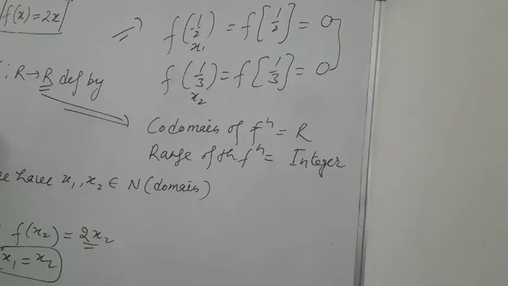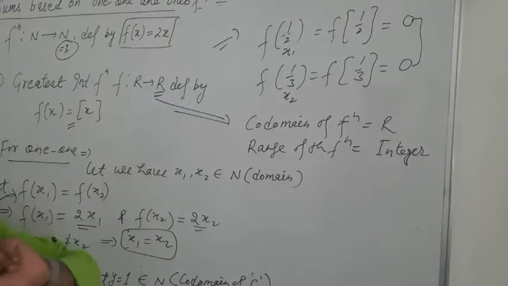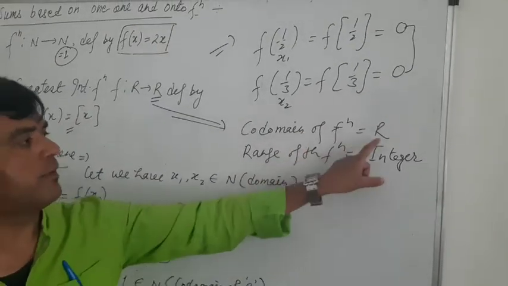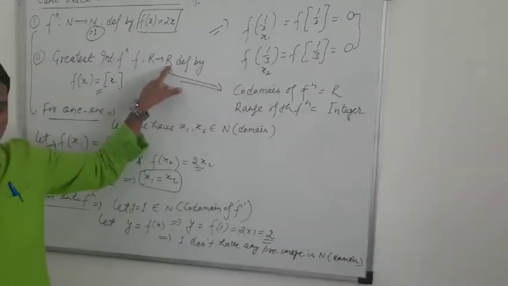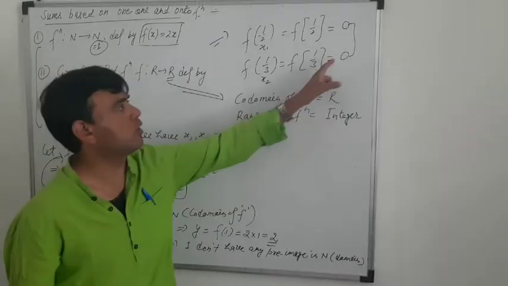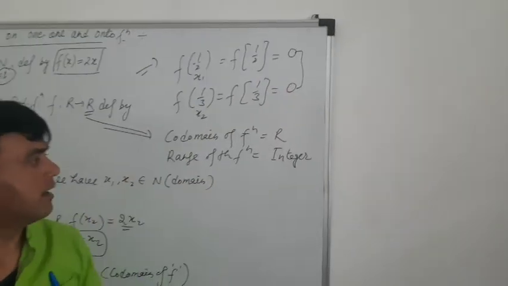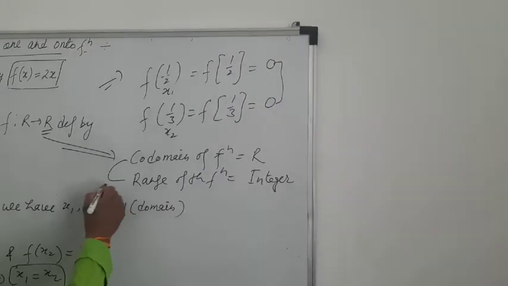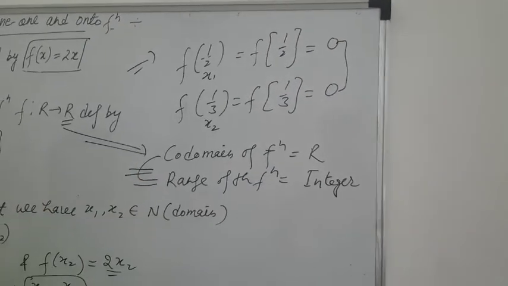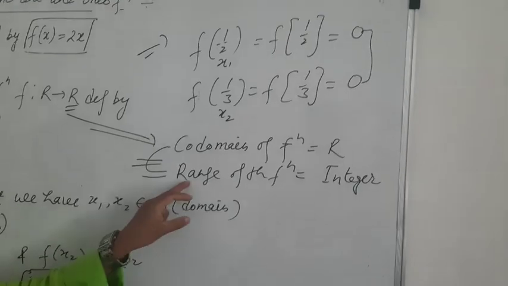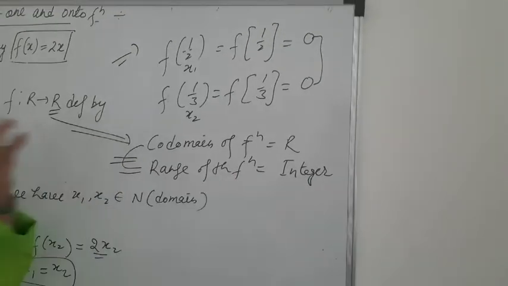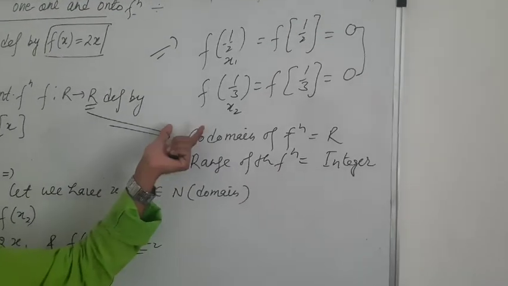So easily from this question, you can understand that the codomain of the function is the set of real numbers, already given to you, and the range of this function is always an integer. And since these two are not equal, the codomain of the given function is not equal to the range, that's why this is not an onto function.